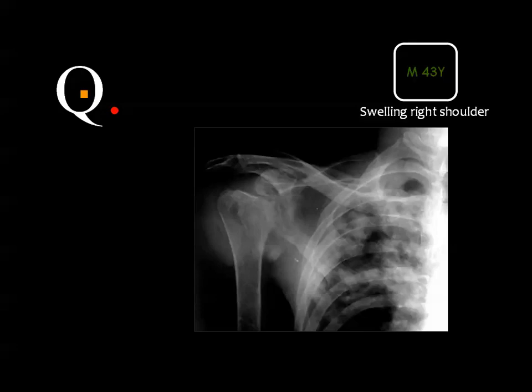So the patient is 43 years, presented with swelling of the right shoulder. And there is secondary degenerative changes within the joint. So okay, أنت قلت إن في abnormalities in the chest، وقلت إن في flattening of the humeral head، وفي irregularity of the head of the humerus as well as the glenoid part of the scapula with some soft tissue swelling around the shoulder joint. Then what do you think?